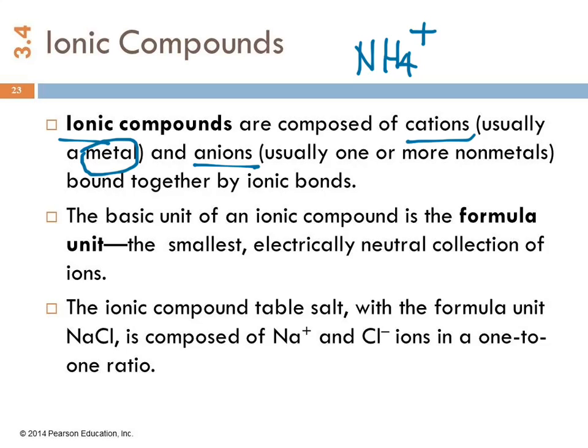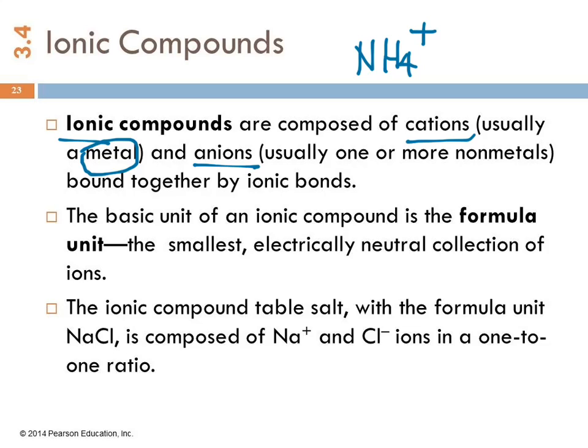Now, ionic compounds don't contain molecules. They contain ions, and they form this array in 3 dimensions. They're all just attracted to each other, and so, if you had to call it a molecule, the whole piece of it would be a molecule. And every molecule would be a different size. So what we refer to for the ionic compounds is the formula unit.